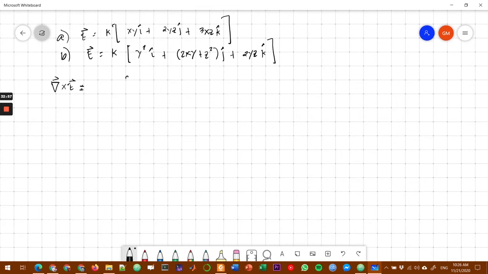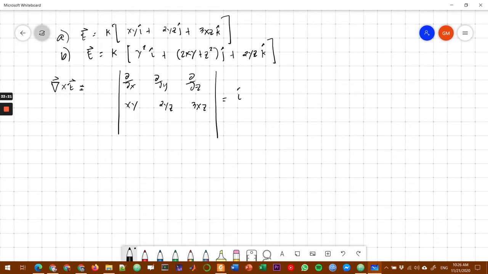So we have partial x, partial y, partial z. And the x component is xy, the y component 2yz, the z component 3xz. Is this right? Yeah.